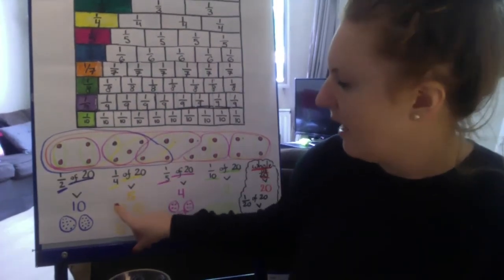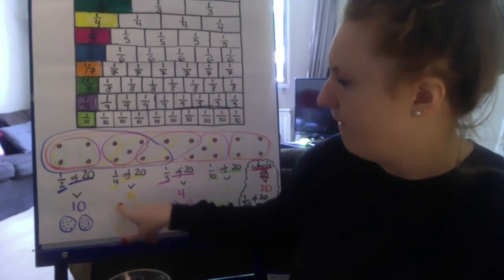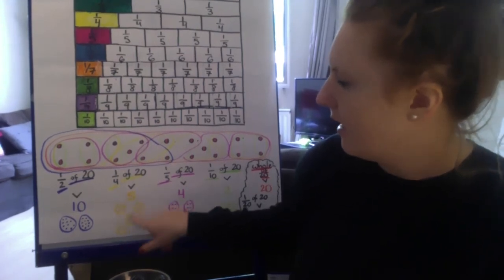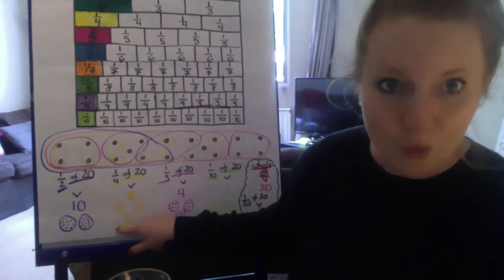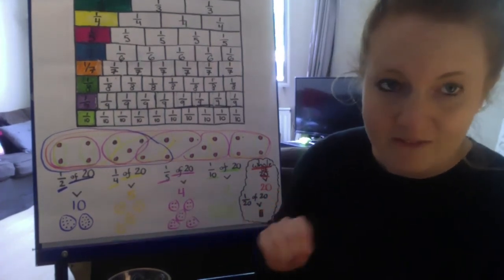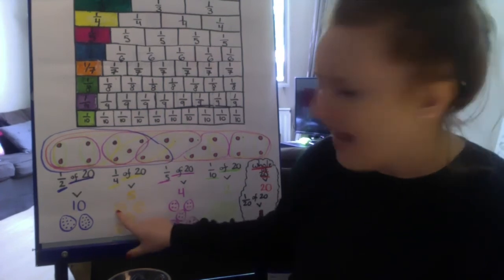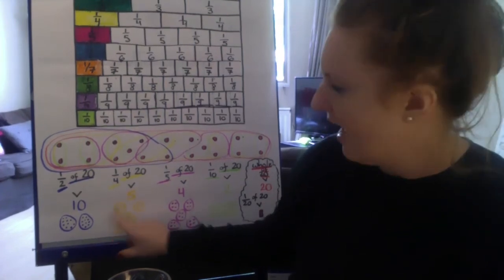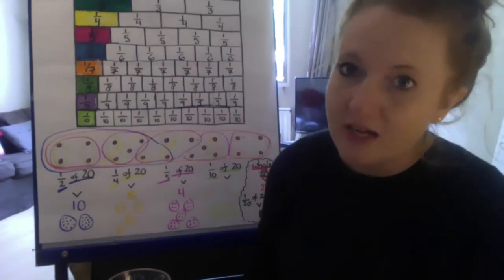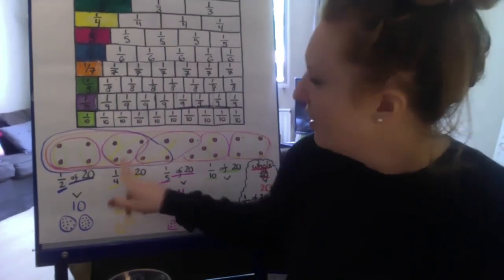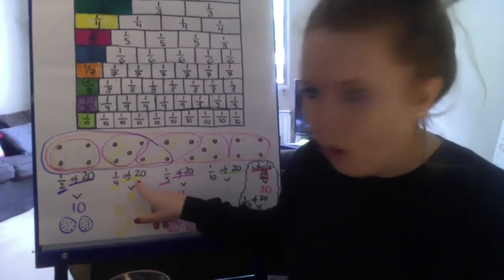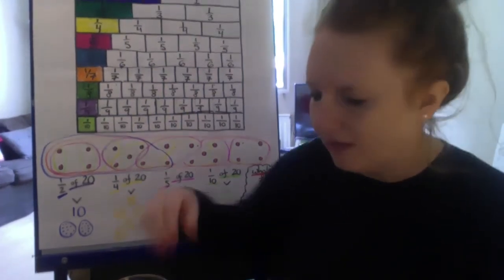And then I'm going to count 1, 2, 3, 4, 5, 6, 7, 8, 9, 10, 11, 12, 13, 14, 15, 16, 17, 18, 19, 20. Stop our division grouping method. And then I'm going to see how many is in each one, and there's 5. You could use your inverse if you know that 4 times 5 is 20. That can also help you. So I know now that a quarter of 20 is only 5.